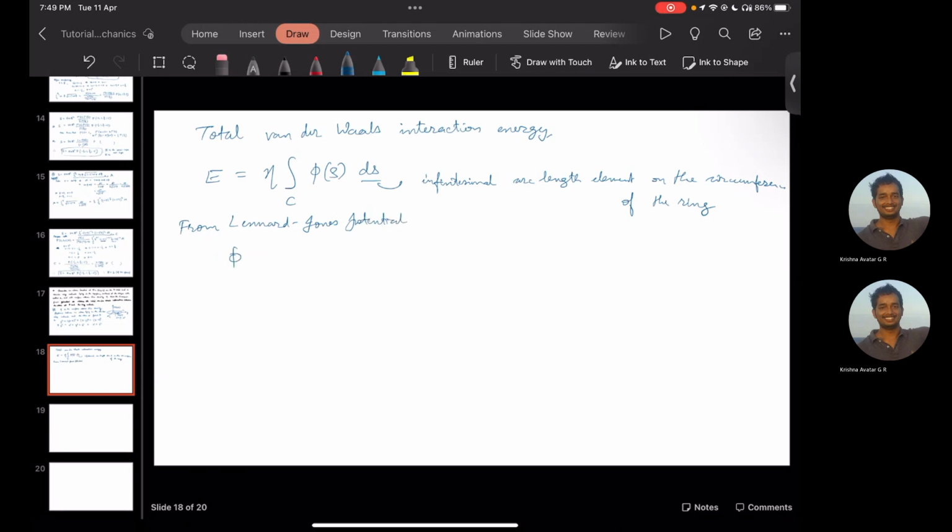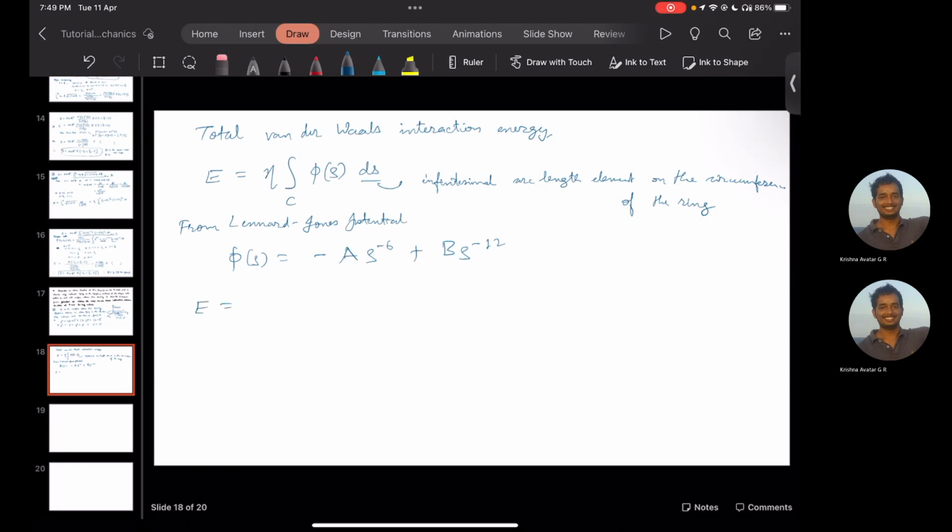So we'll have phi of rho is equal to minus A rho to the power minus 6 plus B rho to the power minus 12, isn't it? So we'll substitute this in our expression here.